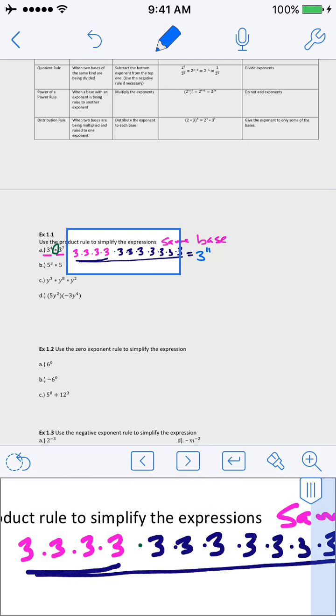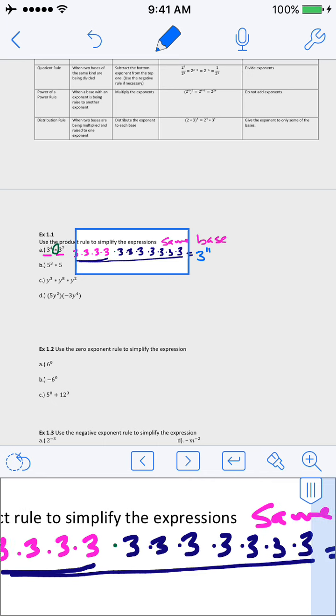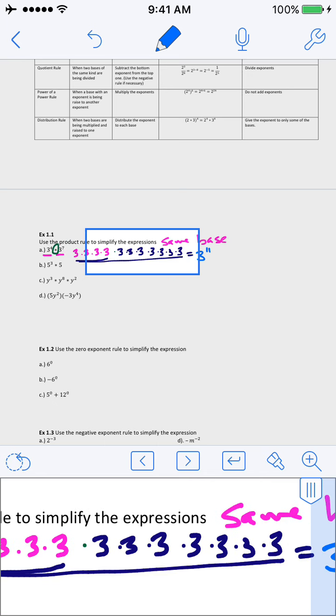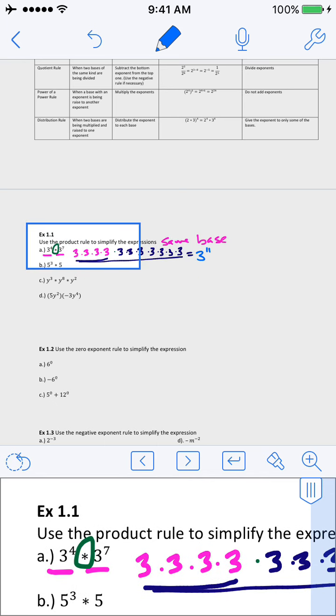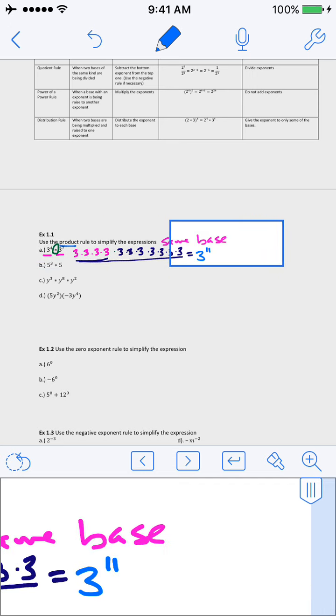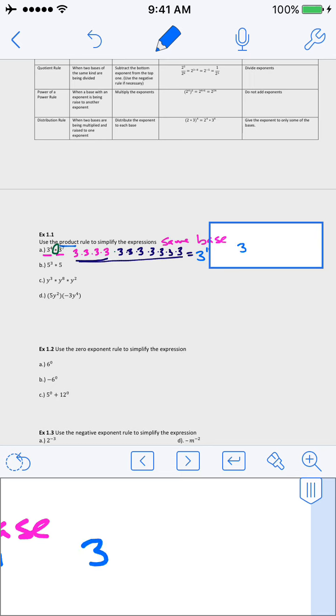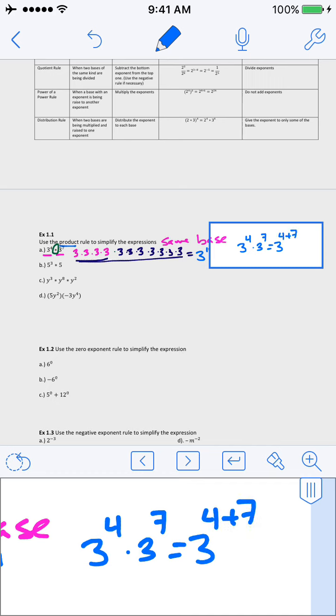Now that's just sort of how it works, but there's a shortcut, right? Because that's actually what we're saying, we can take a shortcut. If we notice that we have two of the same base being multiplied, and that's very important, it's called the product rule because they're being multiplied, not added. But if they're being multiplied, then we can say 3 to the 4th times 3 to the 7th is equal to 3 to the 4 plus 7.